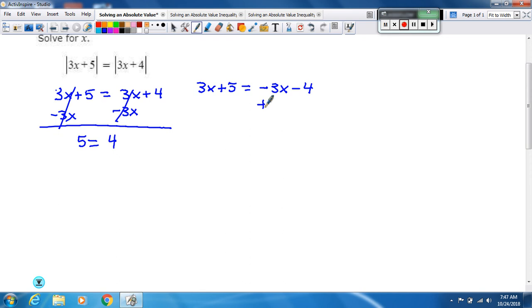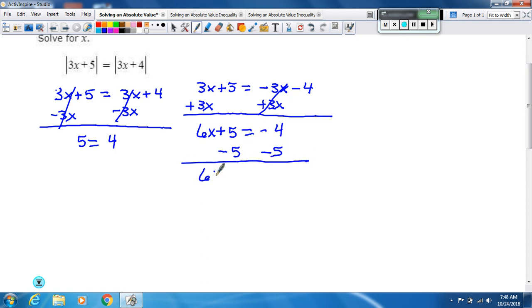On this one, we have to add 3x to both sides. So I get 6x plus 5 equals, opposites cancel, negative 4. I subtract 5 from both sides.